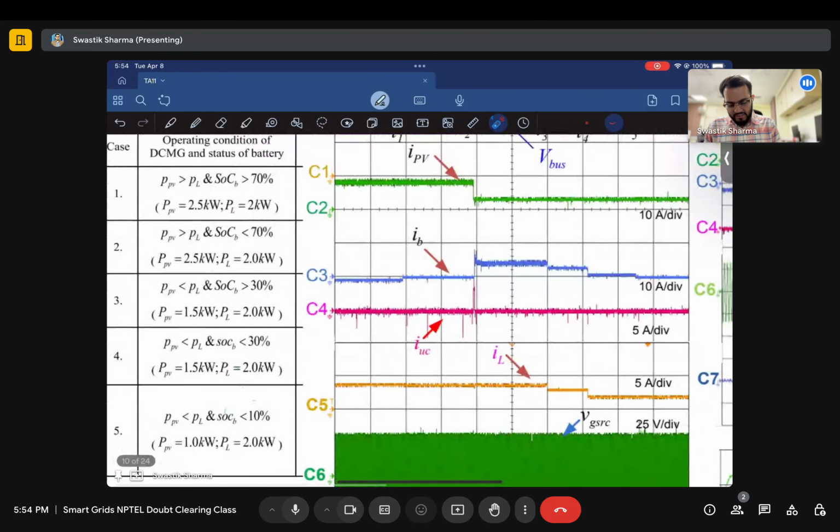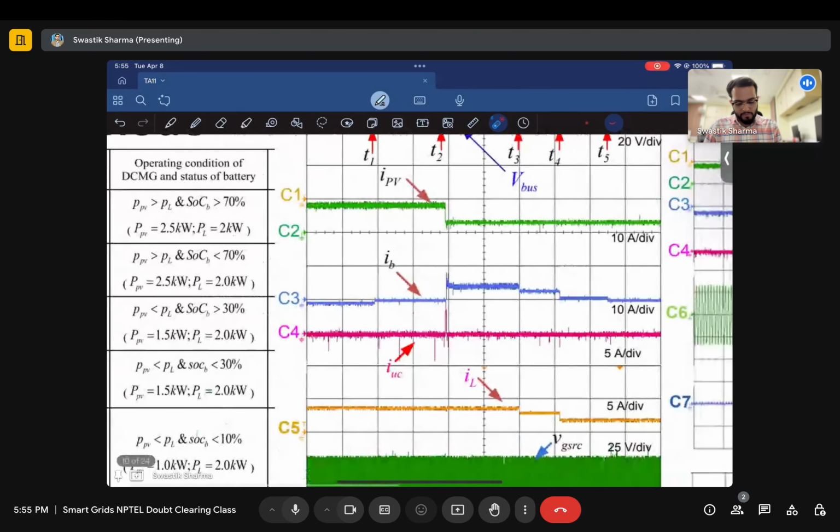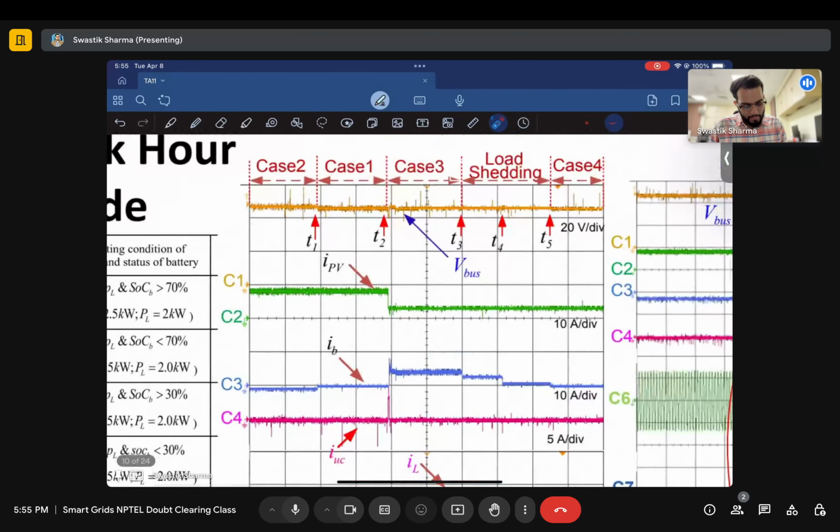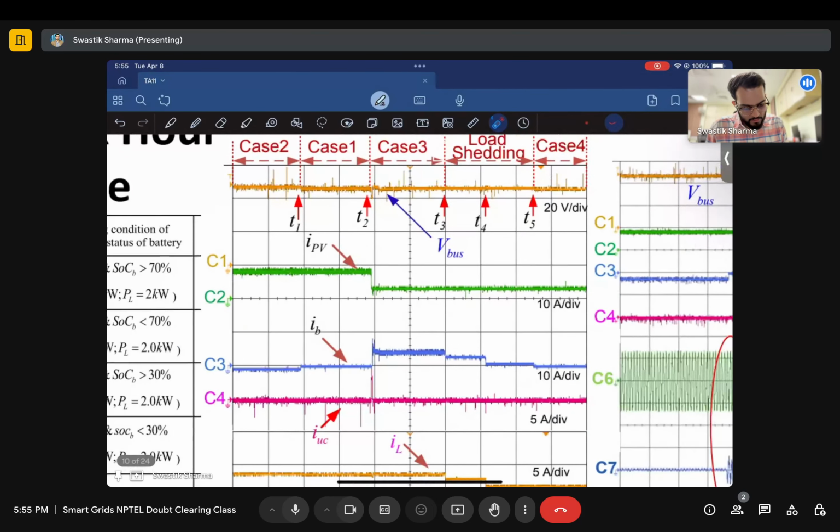Your generation is less than load. Your battery SOC is also less, right? But you continue discharging your battery because it is not critically low. It is less, but it is not critically low. So you see over here, the voltage is still being managed.